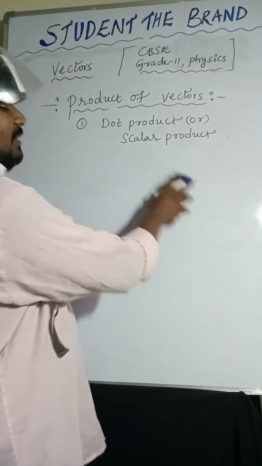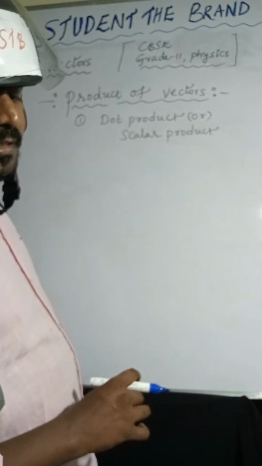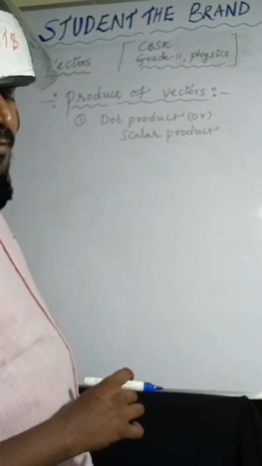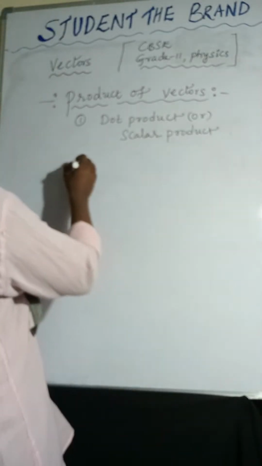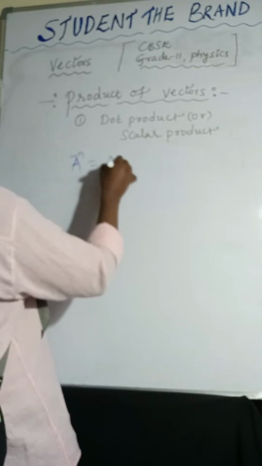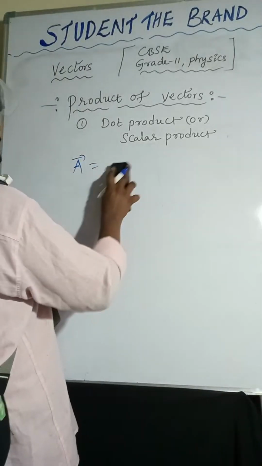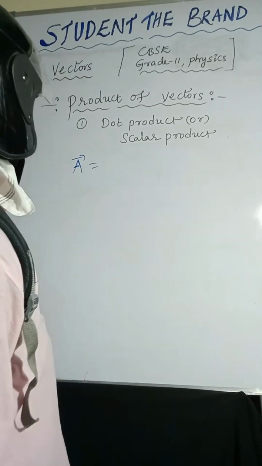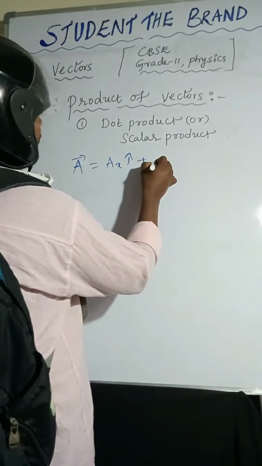Cartesian coordinates along the x-axis, y-axis, z-axis, if you are considering A bar, we can take AX I cap plus AY J cap.